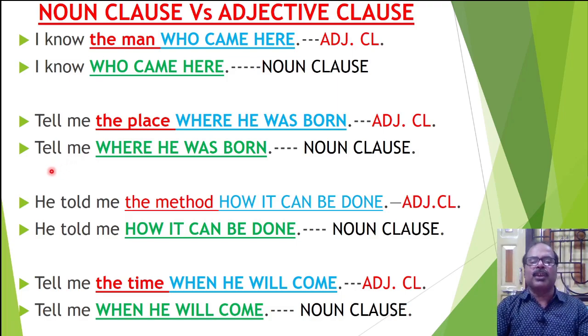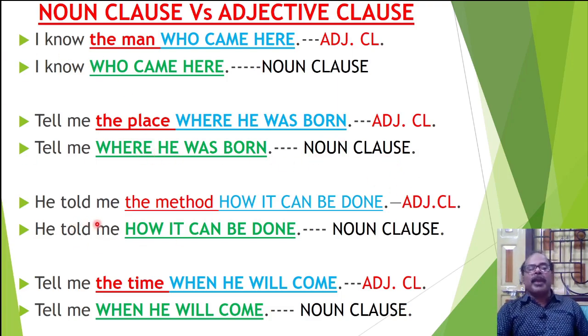Someone এবং something সবগুলো নাউন। Someone gave someone something. So here something is where he was born. Someone told someone something. First someone is you told someone, me something, and something is where he was born. So it is a noun clause.